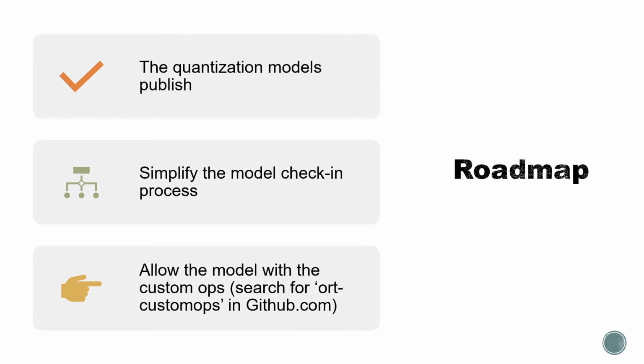So we also welcome these models, and you can search for ORT custom op to find the custom op solution for ONNX. When you check in a model with a custom op, please also submit the implementation of the custom op in any form.